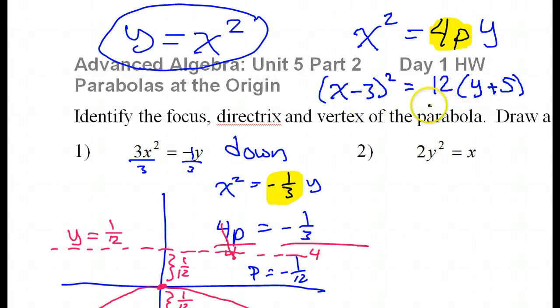When we do these in the next lesson, the vertex, just like when we used to do the center of a circle, will be the opposite of these. So the vertex would be 3, negative 5.